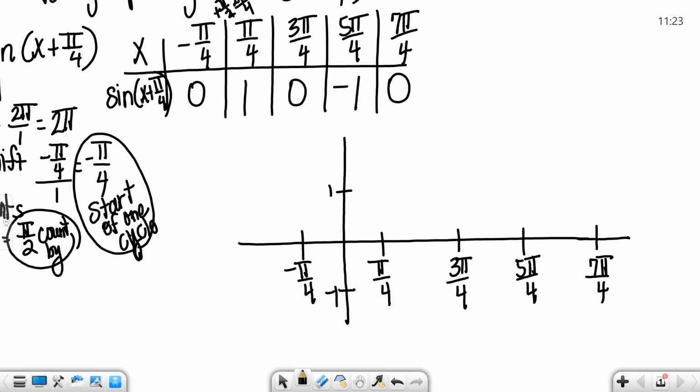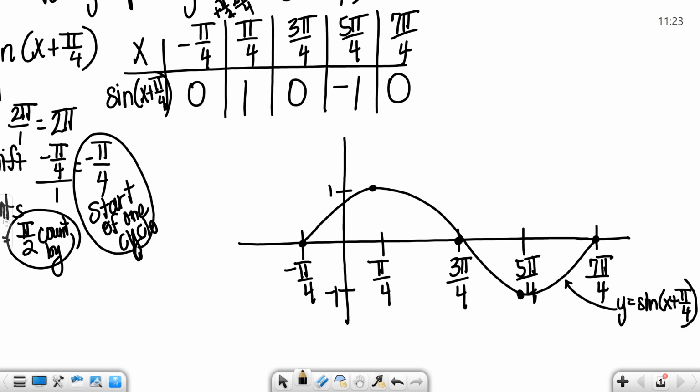I'm going to do the sine in black. At negative pi over 4, I'm at 0. At pi over 4, I am at 1. At 3 pi over 4, back to 0. At 5 pi over 4, negative 1. And then at 7 pi over 4, back to 0. So what we have here is y equals sine, and so make sure you label. There's the sine function.